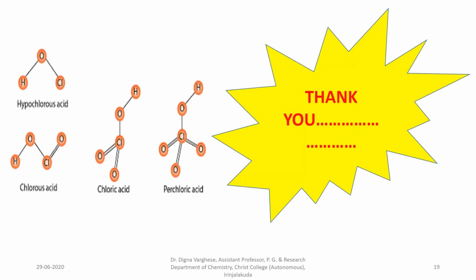We can summarize the oxides of halogens and oxyacids of halogens. In our syllabus, the only specified oxide of halogens is chlorine dioxide, and its structure is angular.